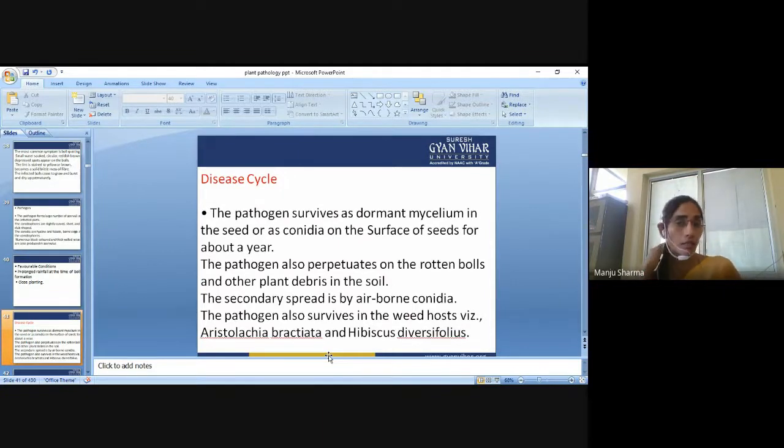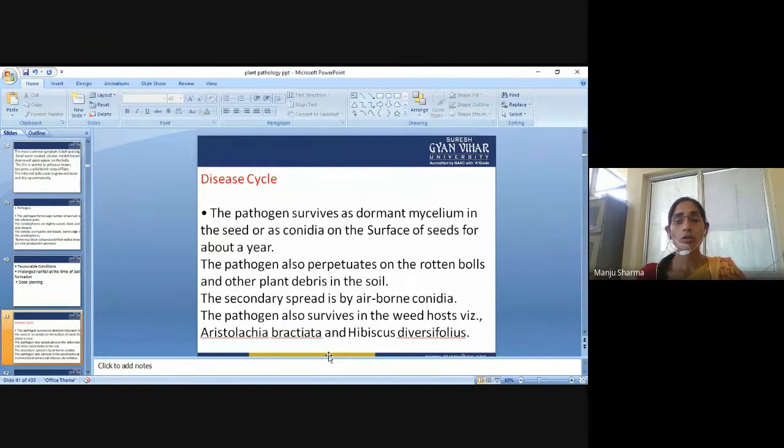Disease cycle: the pathogen survives as dormant mycelium in the seed or as conidia on the surface of seeds for about a year.